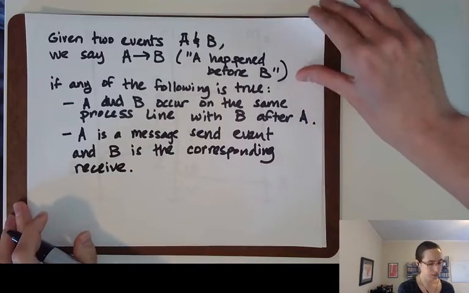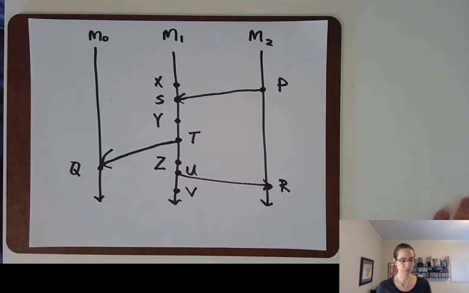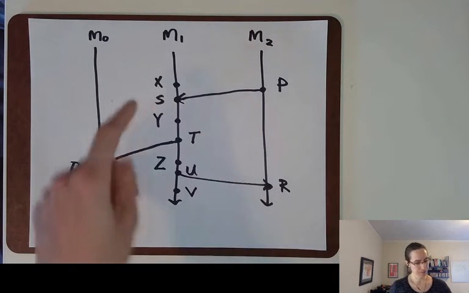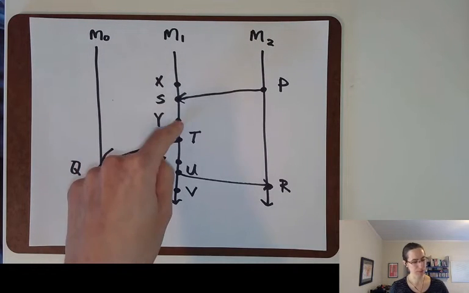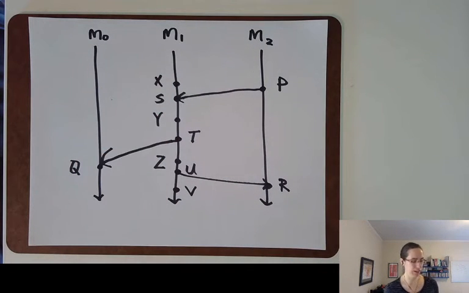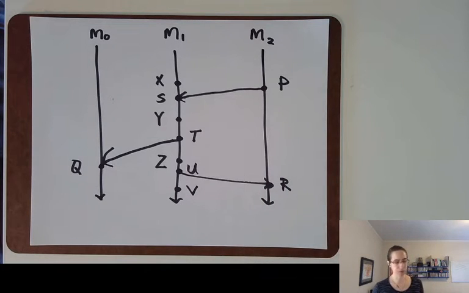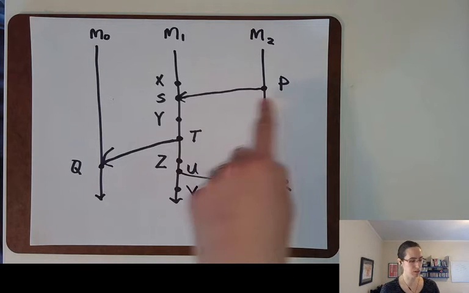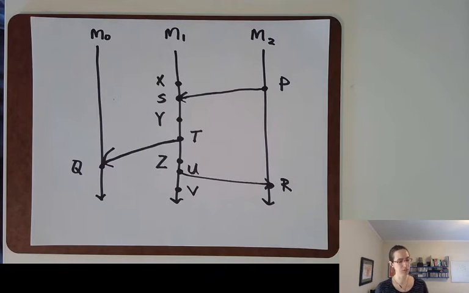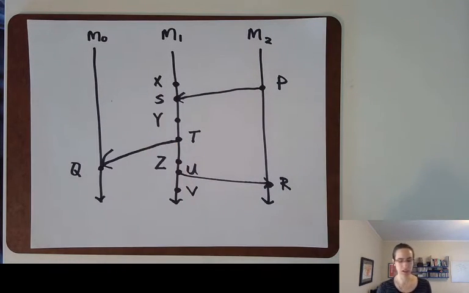All right, great. So we already know a lot of our happens before relationships. We know that X happened before S, and S happened before Y, so X happened before Y. We know that P happened before R. And we know that message sends happened before their corresponding receives. So we know that P happened before S, and so on.